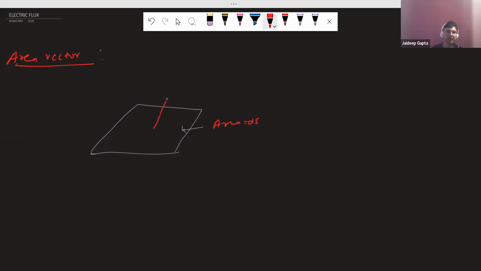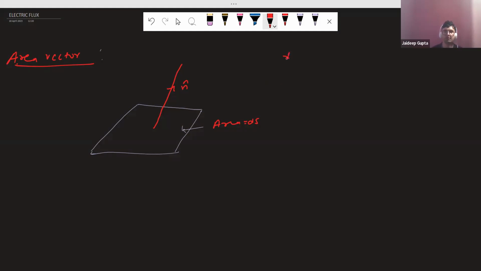So, every area basically has direction. It is a vector quantity. It has direction which is perpendicular to the given surface. So normal is always perpendicular. So area vector is perpendicular to the given surface.